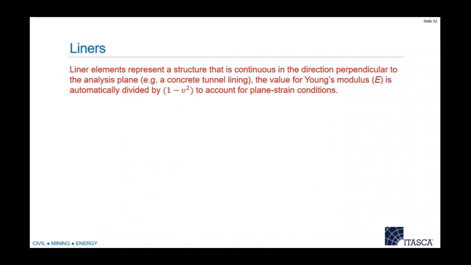If say you like the pile element and you want to make a pile continuous out of plane, all you would do is take your Young's modulus and divide it by 1 minus nu squared. And now you have a continuous out of plane element. Keep in mind though that you cannot retrieve the out of plane stresses, which you can do in FLAC2D for the zones.